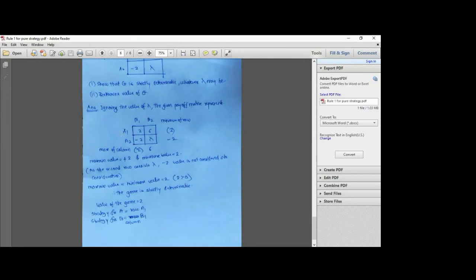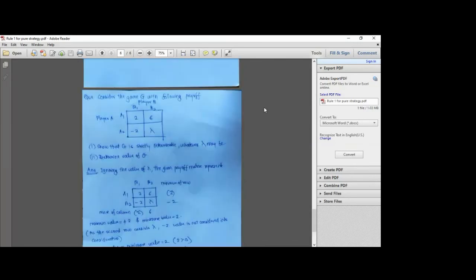So what will be the strategy for A? A should play A1 so that he'll be winning. And what will be the strategy for B? B will be playing column B1, right? So this is how pure strategy and saddle point numericals are asked in your examination.